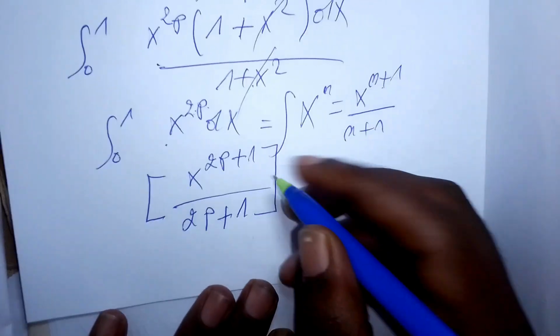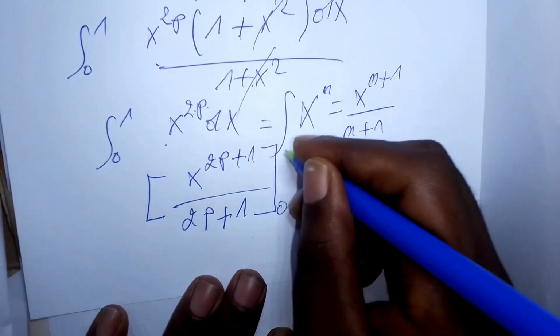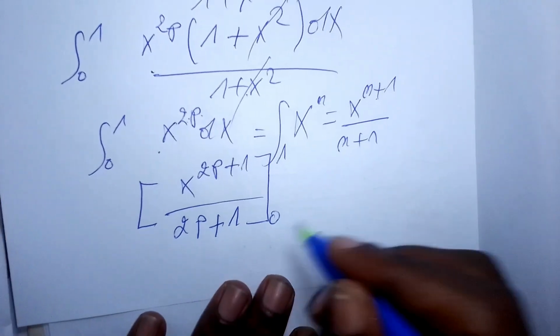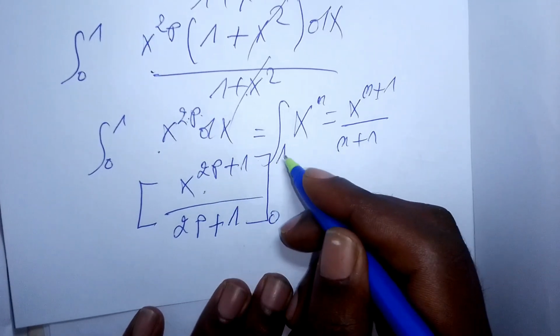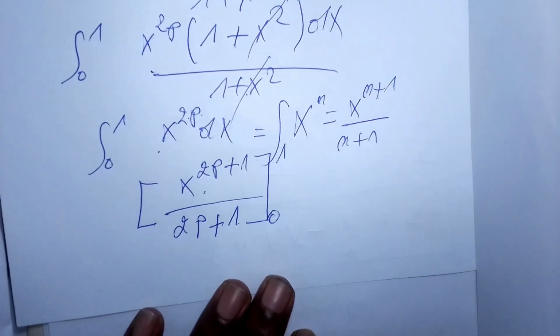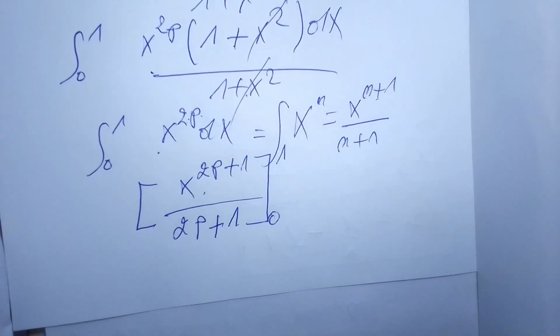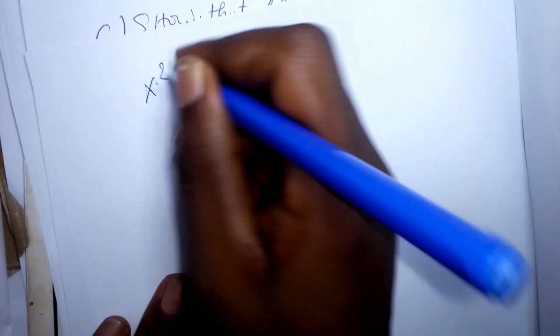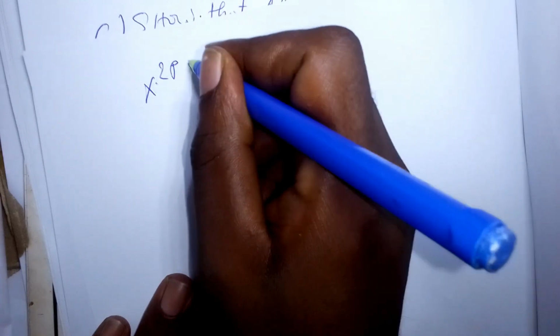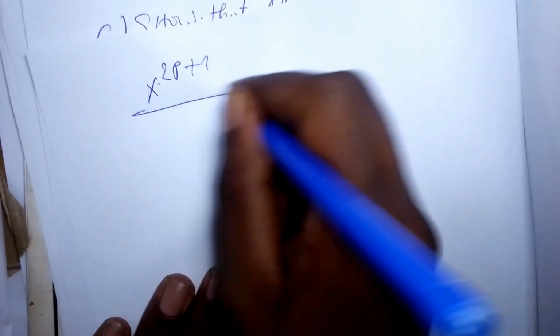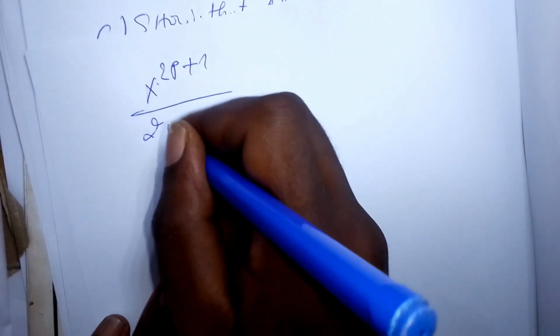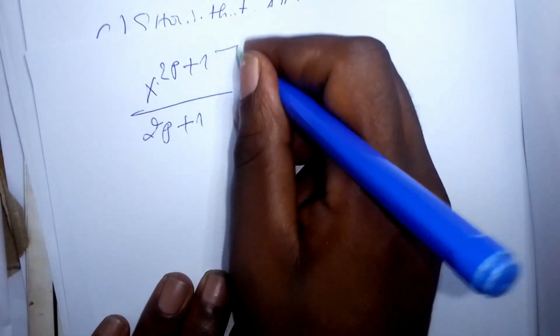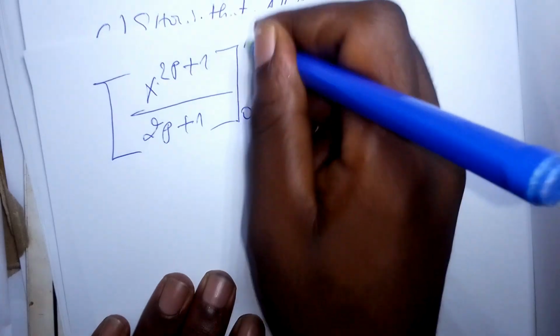Then we read the boundary from 0 to 1. We are going to plug this value into this integral. So we have x power 2p plus 1 over 2p plus 1, between 0 and 1.